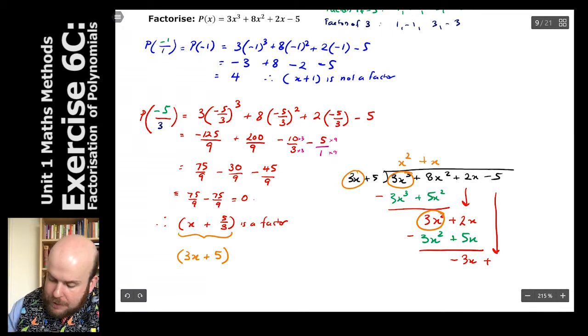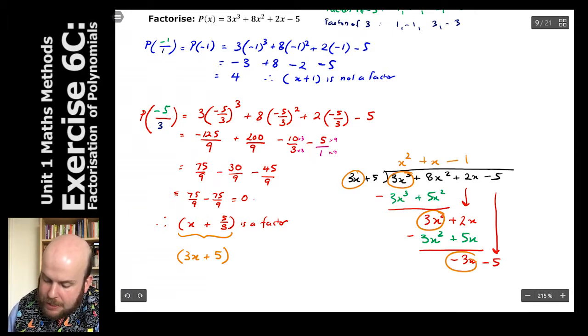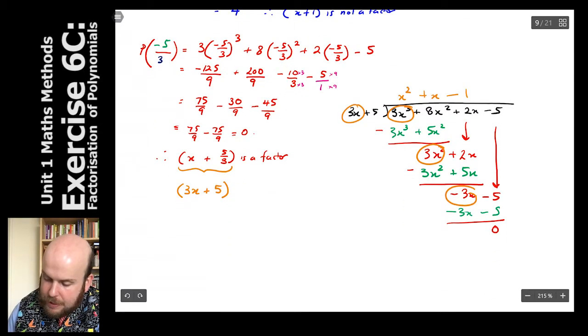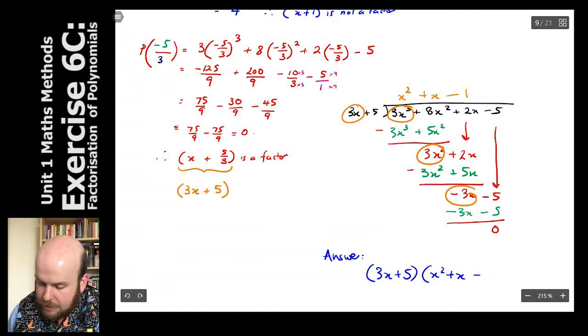And we get that minus 5. Negative 3x divided by 3x is negative 1. Negative 1 times 3x is negative 3x. Negative 1 times 5 is negative 5. And divided by 0. So my answer is 3x plus 5 times x squared plus x minus 1.